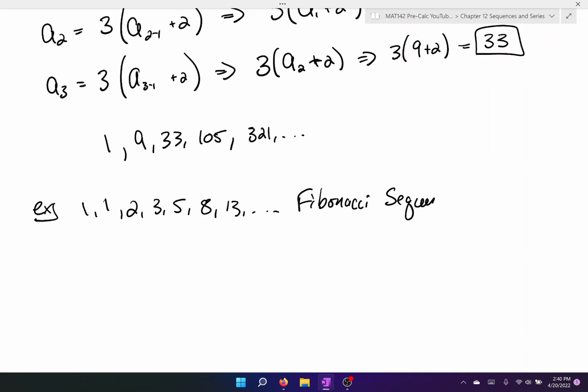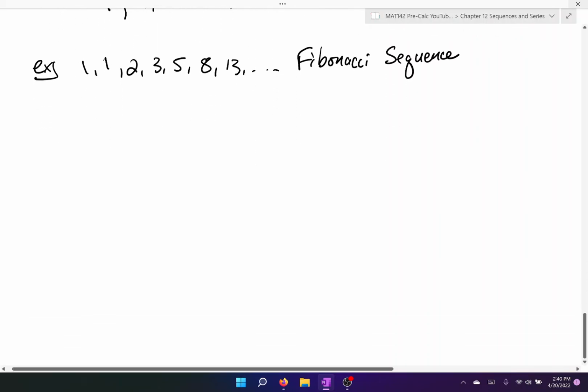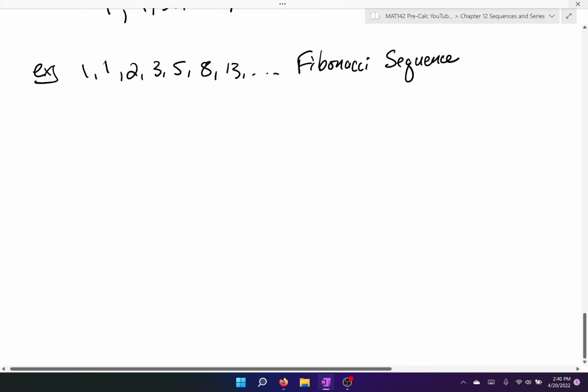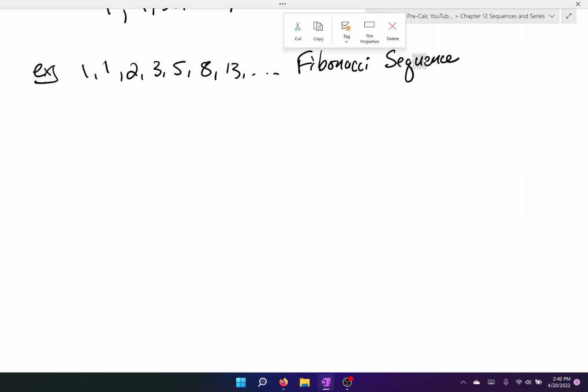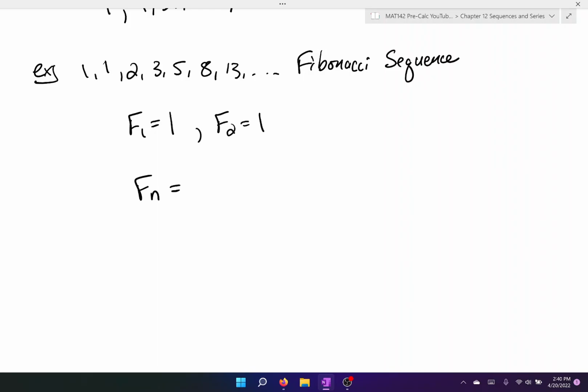And there are so many different applications to the Fibonacci sequence. Okay? Now, the Fibonacci sequence, its general form looks like this. The first term is 1. The second term is 1. And then the nth term is going to be the Fibonacci number f sub n minus 1 plus f sub n minus 2.